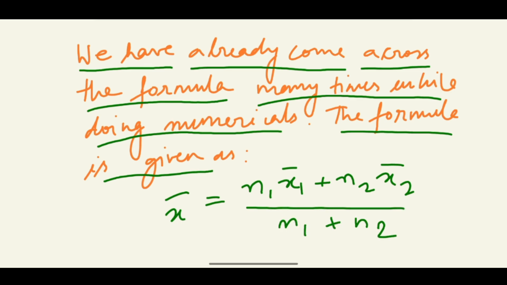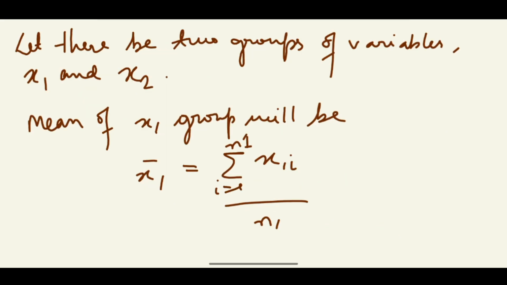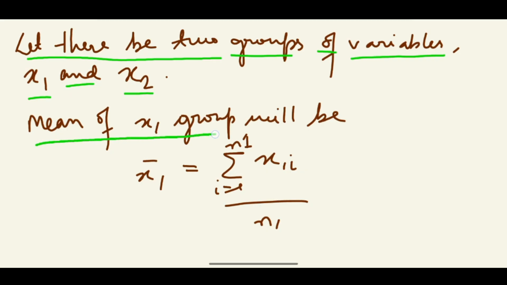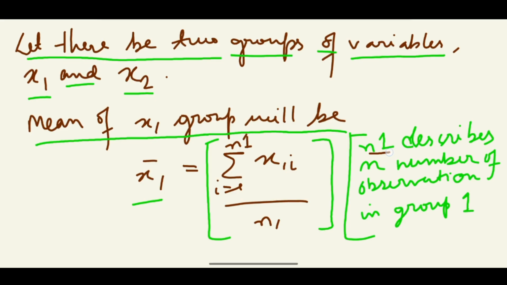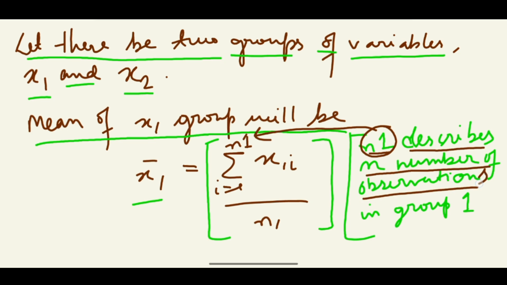We will derive it in a step-by-step manner. Let there be two groups of variables, namely x1 and x2. Then the mean of x1 group will be represented as x1 bar, which equals summation i equals 1 to n1 x1i divided by n1, where n1 describes the number of observations in group 1.